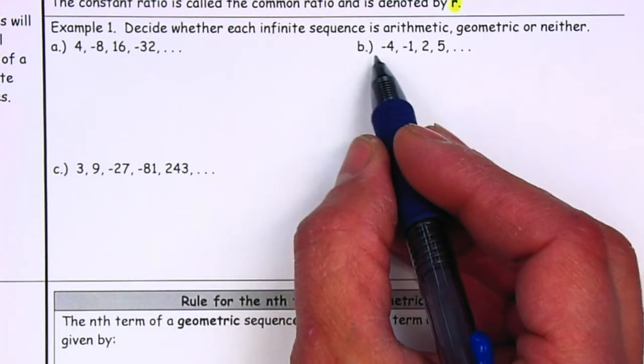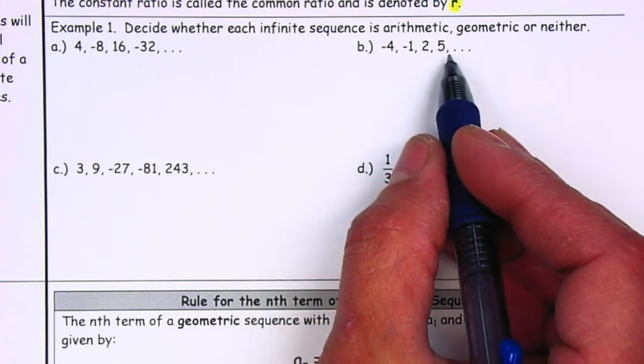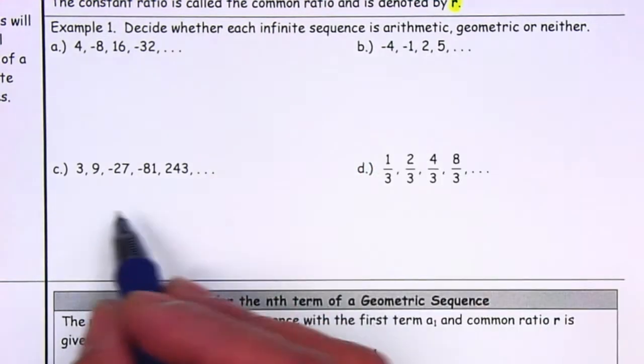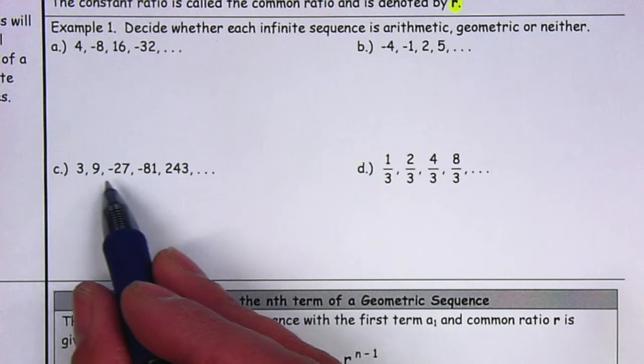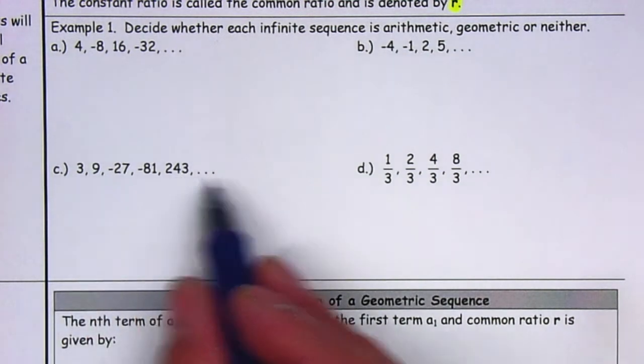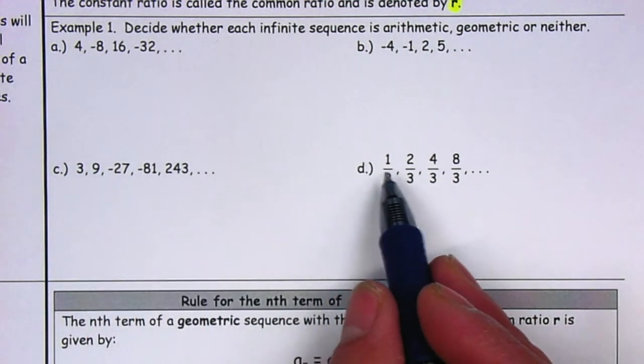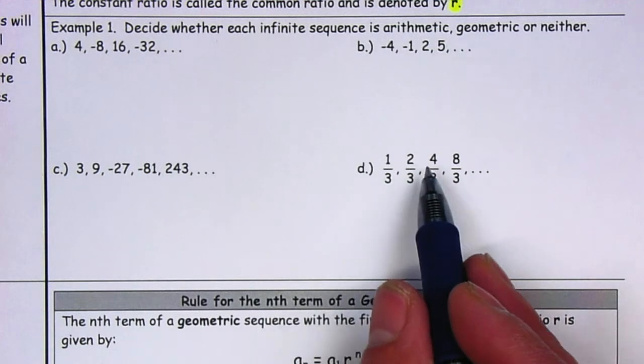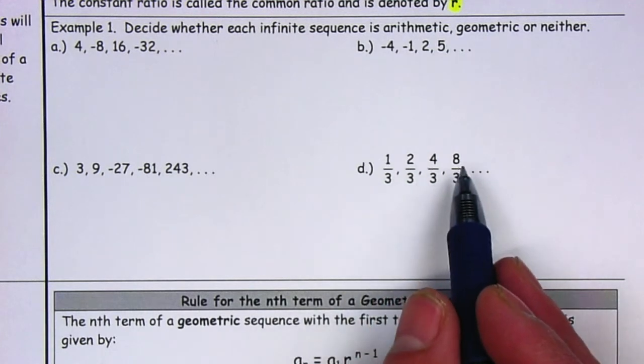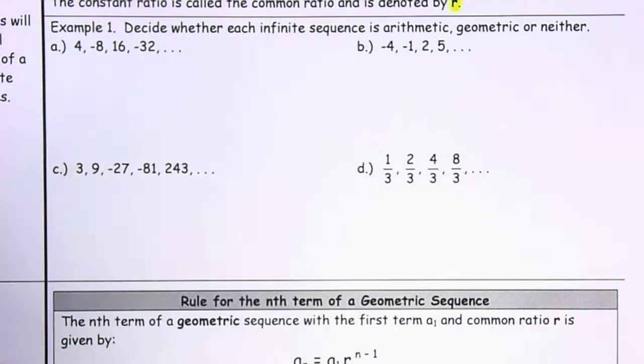In this case, -4, -1, 3, the difference is the same. On letter C, the difference is not the same, so it's not arithmetic. And in here, the difference is 1/3, then 2/3, and then the next one is 4/3, so it's not the same. But we need to be able to go through the process and analyze each of them carefully, even though you are able to do it quickly in your head.